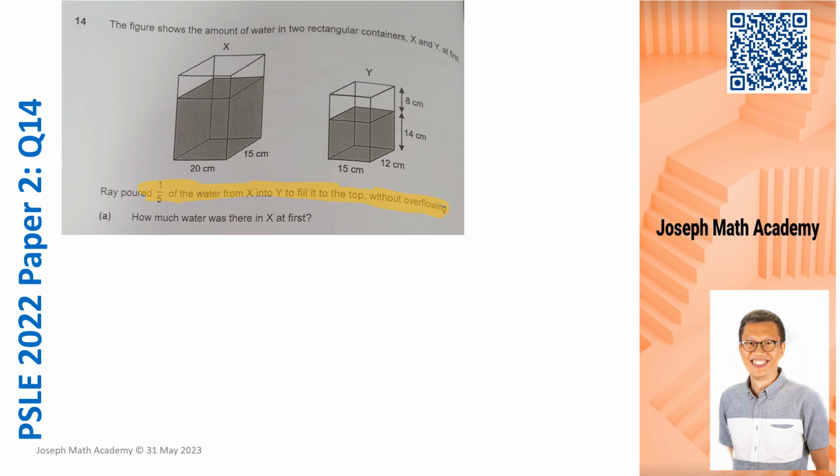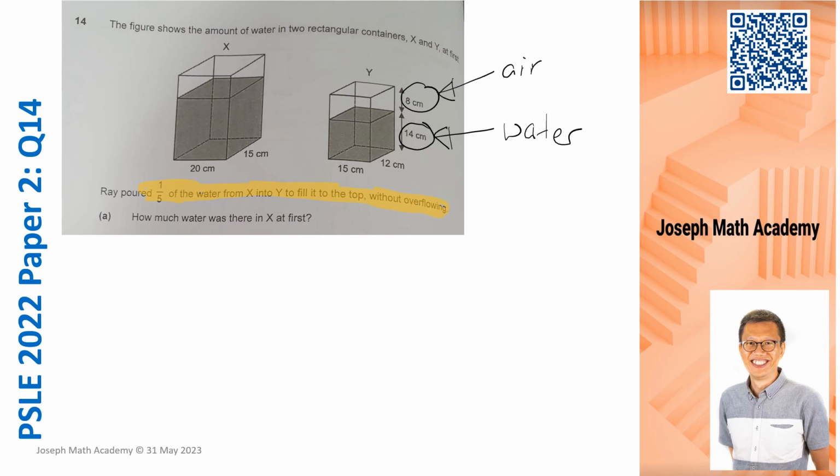It is telling us that 1/5 of the water in X is poured into Y so that Y is now full to the brim without spilling. Now if you look at container Y, 14 cm height is occupied by water, 8 cm height is occupied by air.